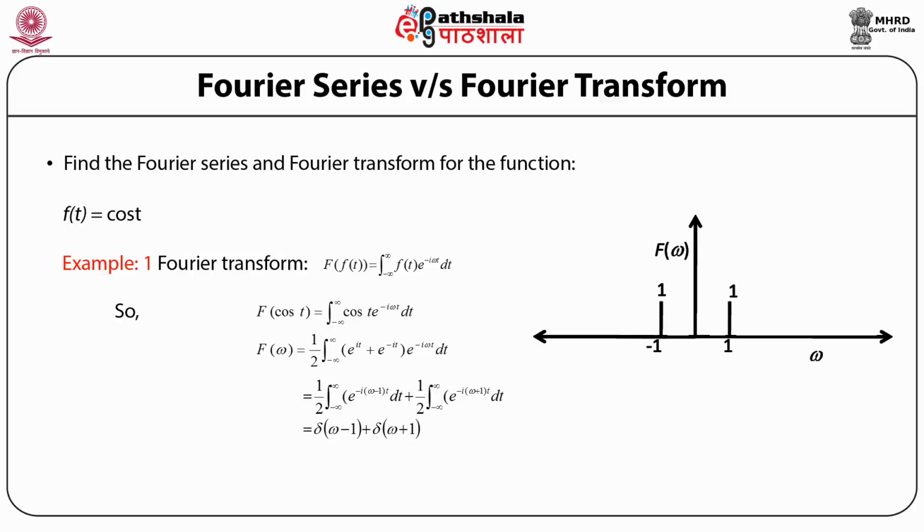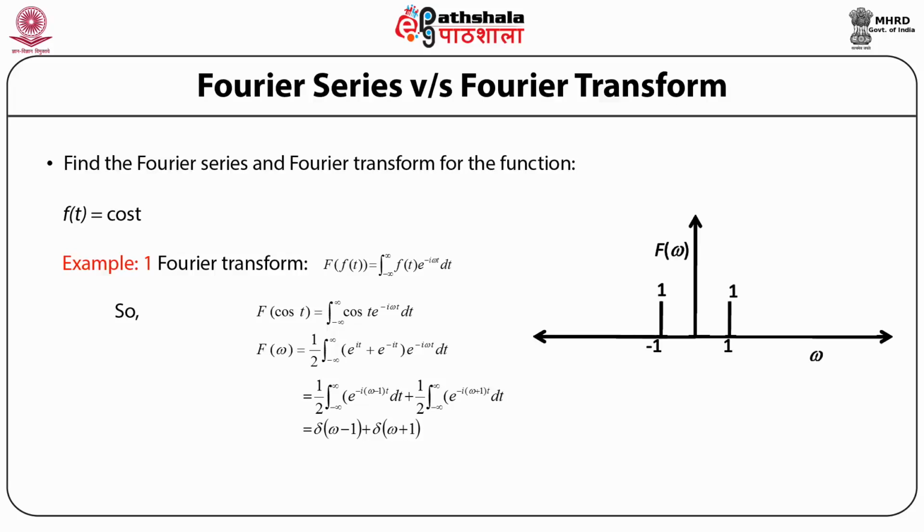Once you substitute cos t, then you can write cos t as a sum of e power it plus e power minus it, by 2. It's an average of the two exponential functions. Then you can take a sum of two integrals. You can divide the whole thing into two separate integrals. Then you can solve it.